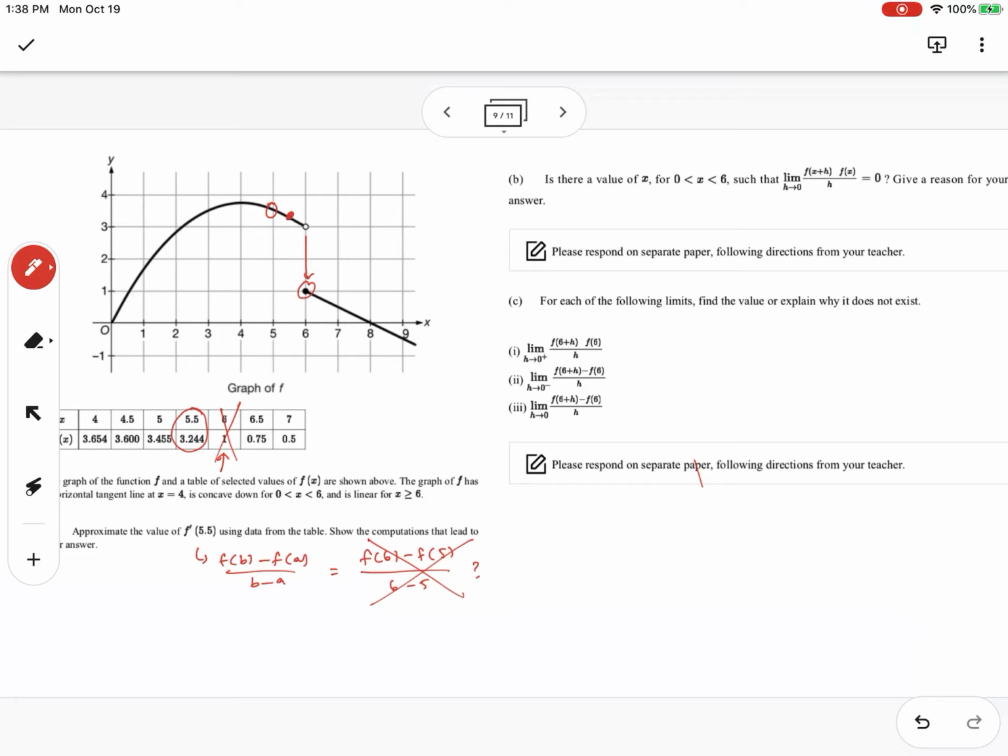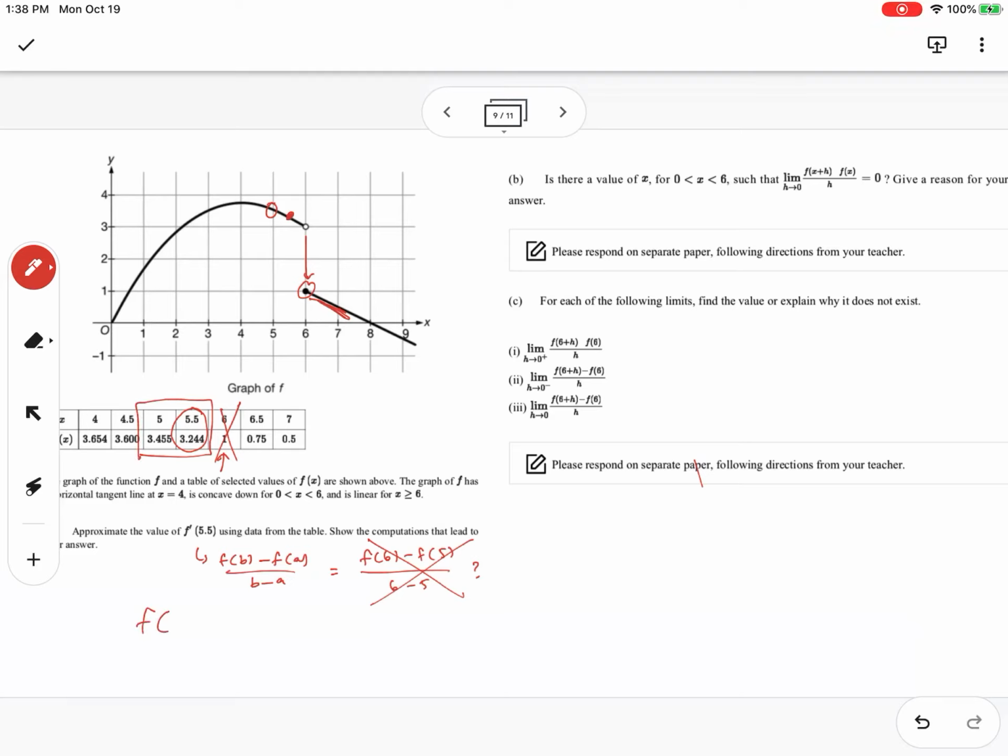So if we were to use the value from the table for 6, we would actually be using this bottom piece of this piecewise graph, meaning that our average rate of change would not be as accurate as we would want it to be.